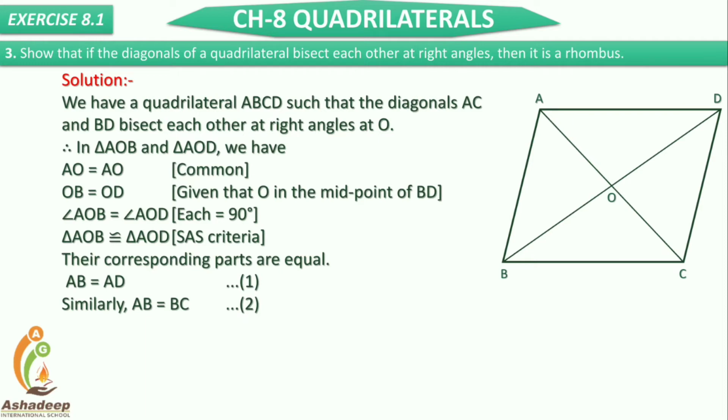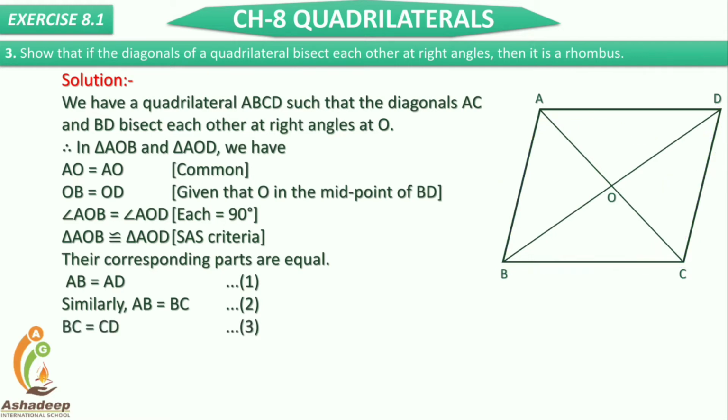Now similarly, what we proved here is AB is equal to AD. Similarly, for the other two triangles we also prove that AD is equal to CD. Similarly, we can prove that CD is equal to BC, and BC is equal to AB, right?